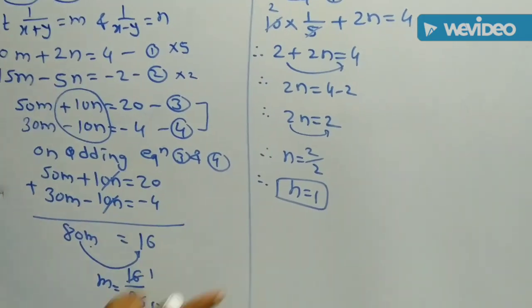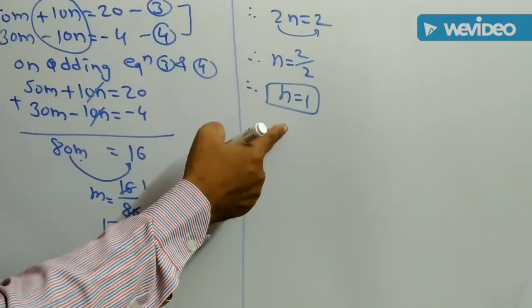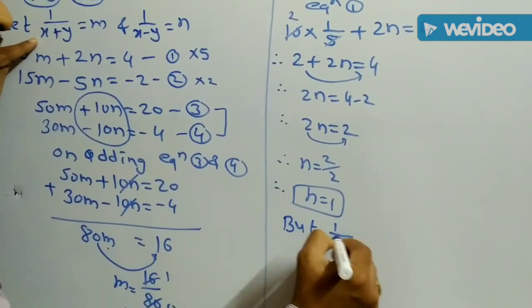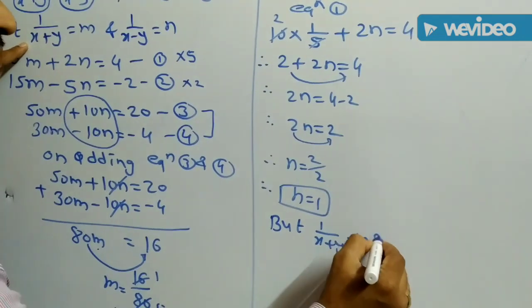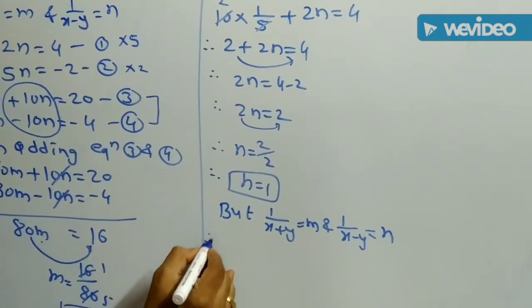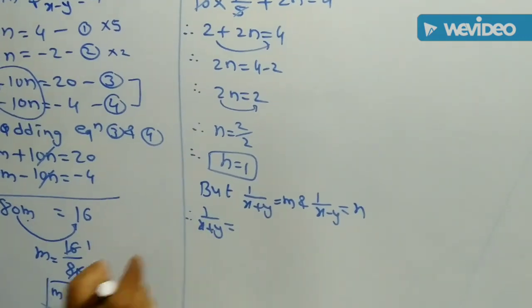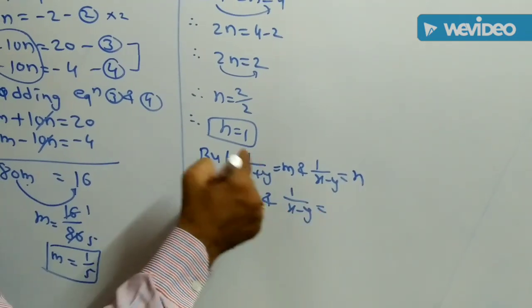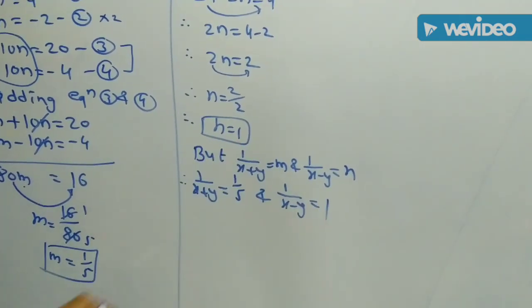But these are the new substituted values of the variables. Therefore, instead of m and n, we write 1 upon x plus y is equal to m and 1 upon x minus y is equal to n. Therefore, 1 upon x plus y is equal to m, that is 1 upon 5, and 1 upon x minus y is equal to n, that is 1.